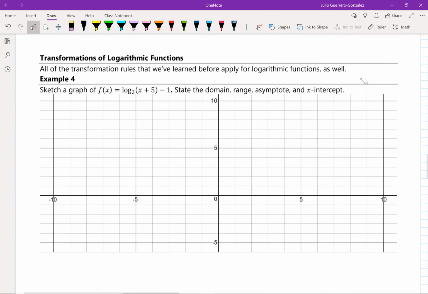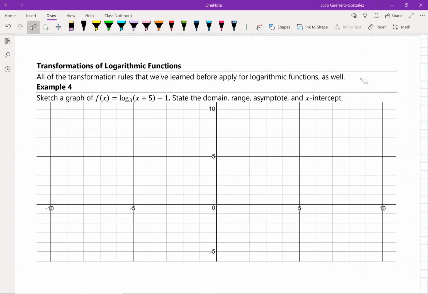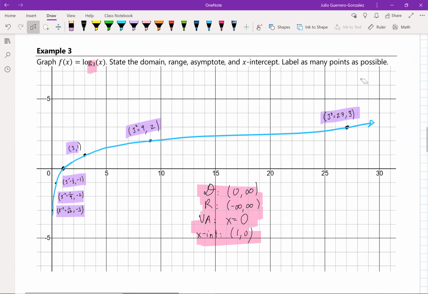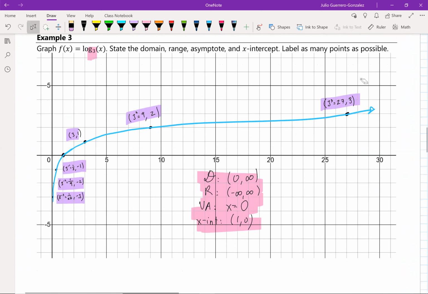So this one, we're only going to use a couple of the points, but it's all still there. Now we're going to see how to sketch these around. So I give you guys a graph, log base 3. There's a reason why I made you guys do this one in particular, so you can use log base 3 for the example.